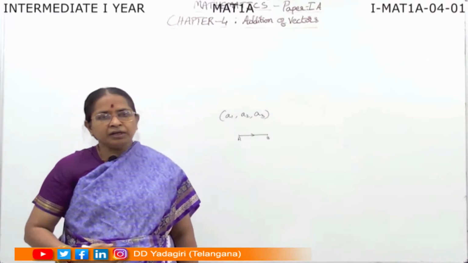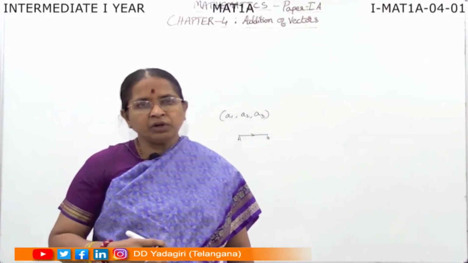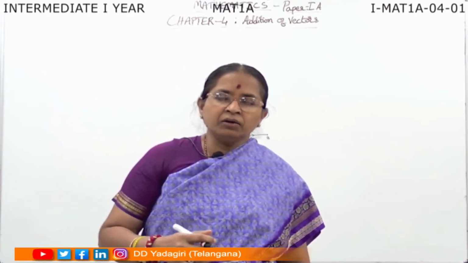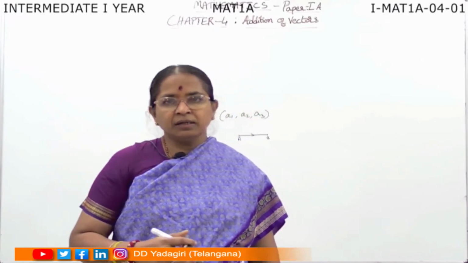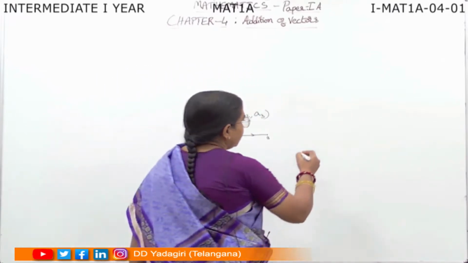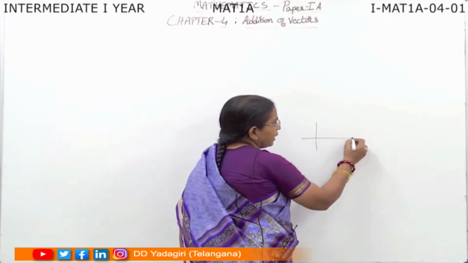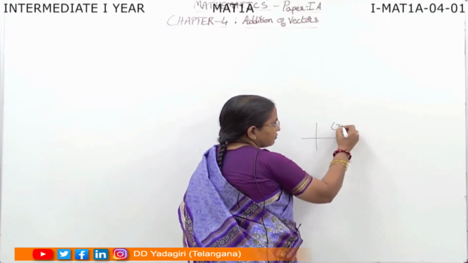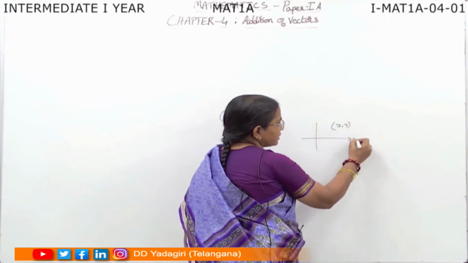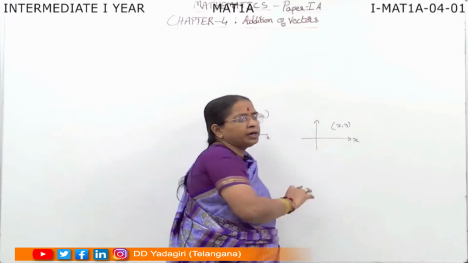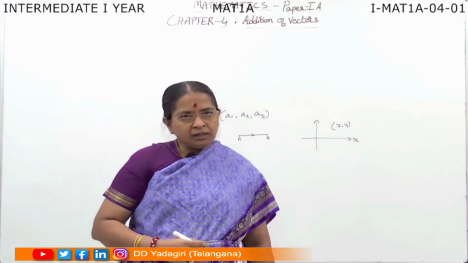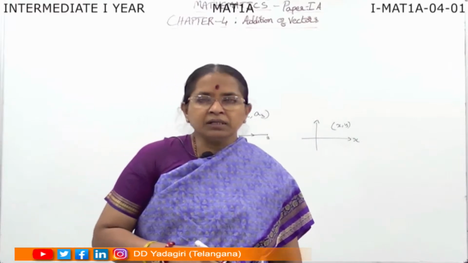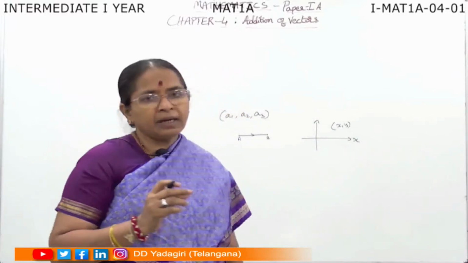What is an ordered triad? You have learned about ordered pair. In coordinate geometry, you represent any point by an ordered pair x, y. This is x-axis, y-axis. Any point in the two-dimensional coordinate plane is given by an ordered pair x, y.